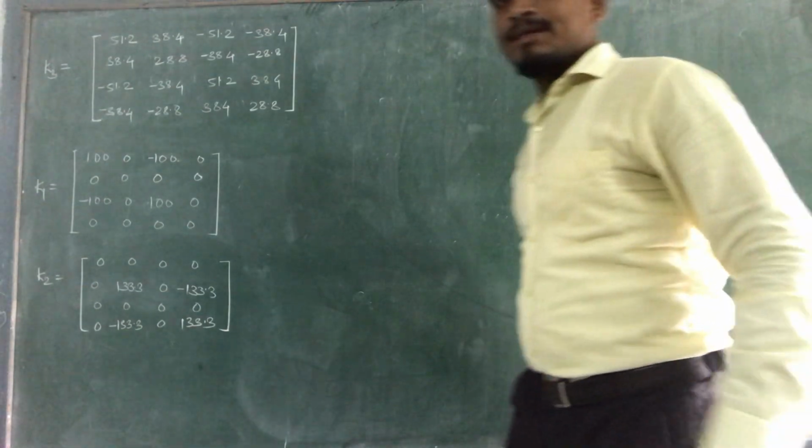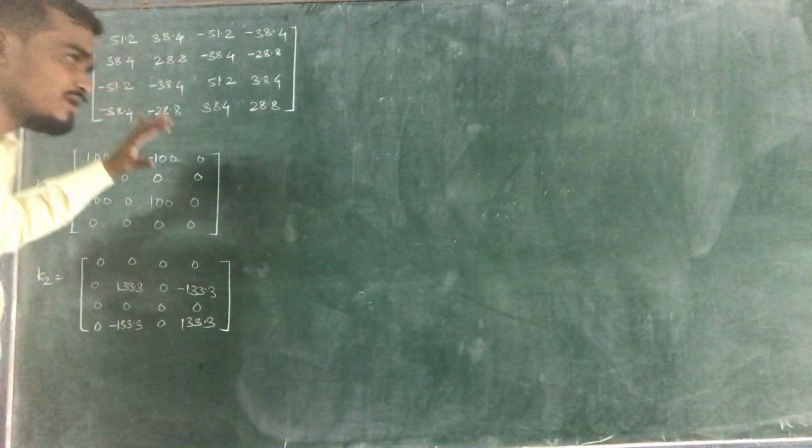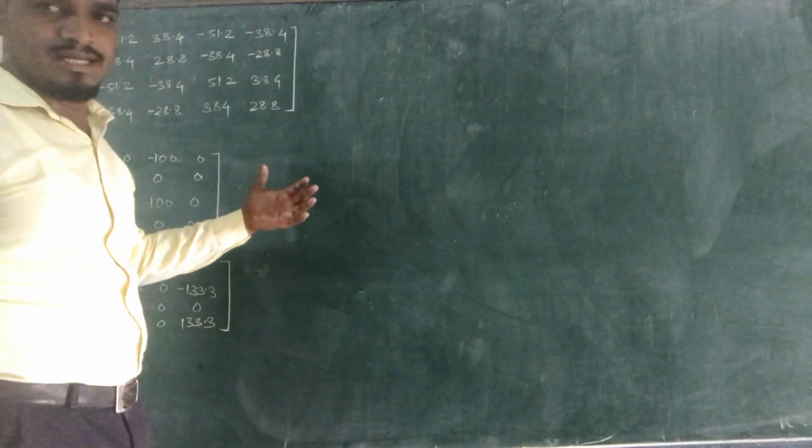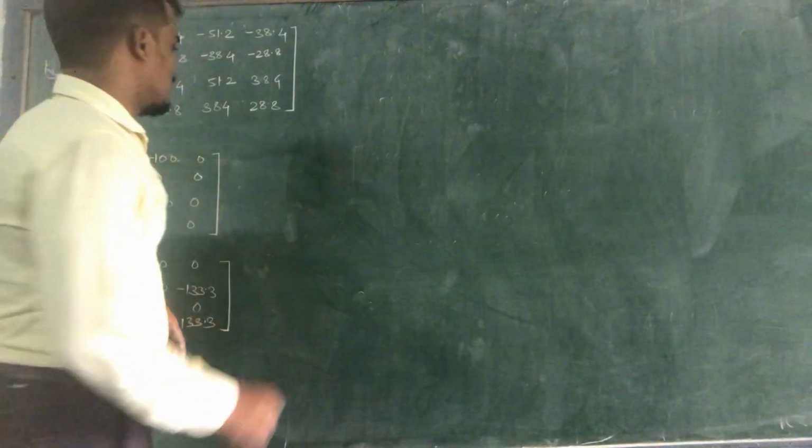So up to this clear? This is your first elemental stiffness matrix, second elemental stiffness matrix, and third elemental stiffness matrix. Now we need to write down the connectivity of those elemental stiffness matrices also.